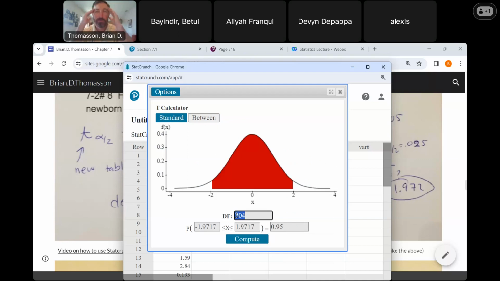Now, I don't know if you guys remember or not, but when we used the normal distribution with a 95% confidence level, we had to go out 1.96 standard deviations in either direction, or standard errors. Here, when we're doing the t distribution, it's going to change depending on our degrees of freedom. In this case, it's 1.97. We have to go out a little bit further. That's going to change depending on our degrees of freedom.